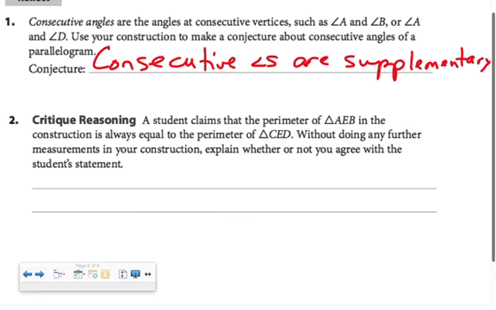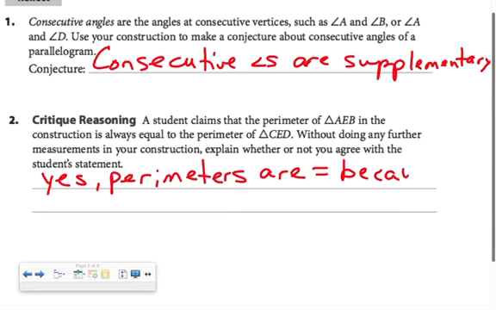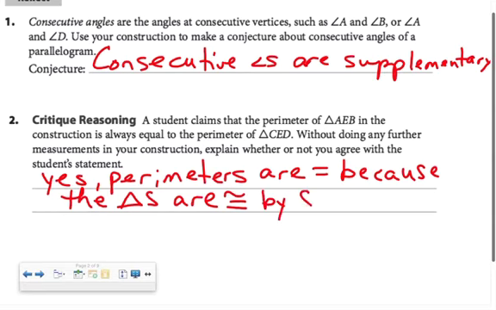We know that CE is congruent to AE, and we know that BE is congruent to DE. So, yes, we agree with the student's statements because those two triangles are congruent by side, side, side.